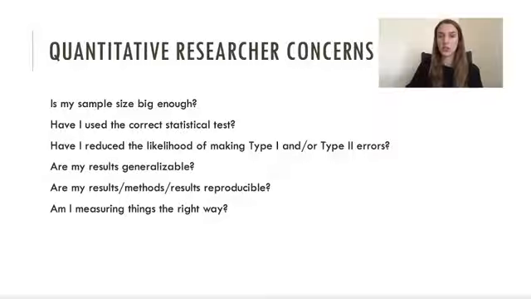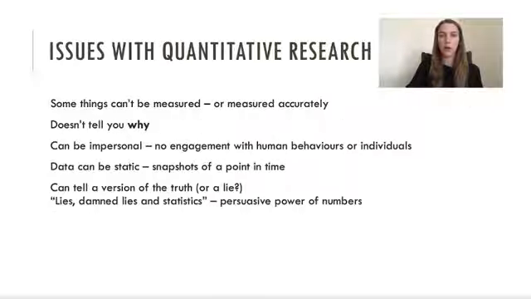So these are our concerns. Let's talk about them a little bit more. All right, the issues, why these are concerns. Some things can't be measured or measured accurately. We have a great example of this, one that we usually look to, which is morality. Scientists, of course, are interested in studying morality.